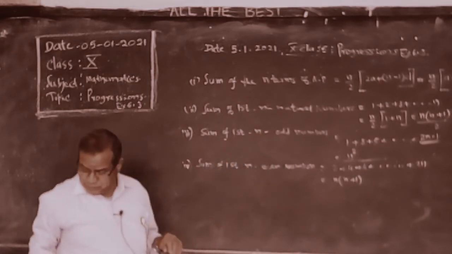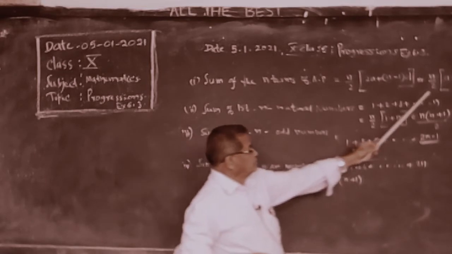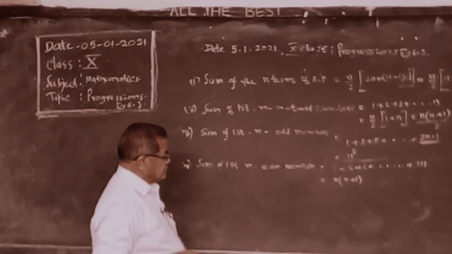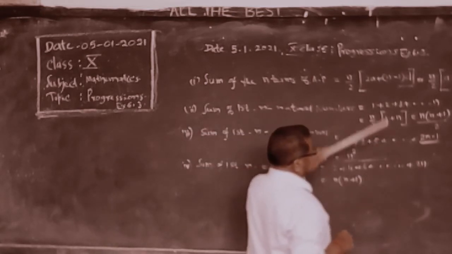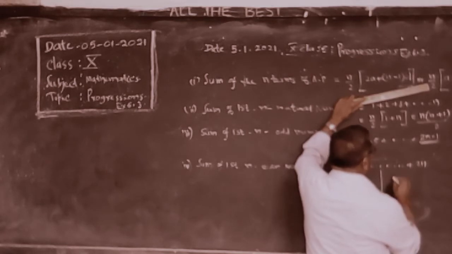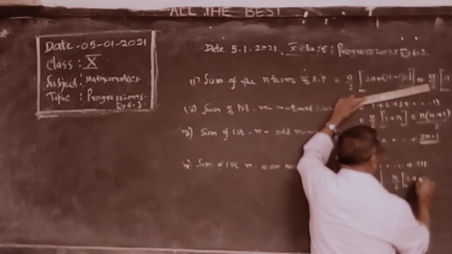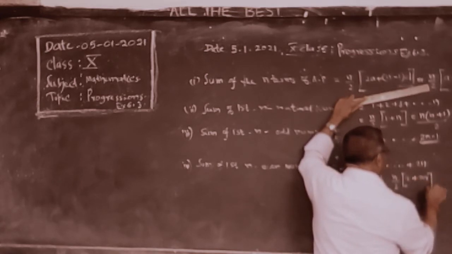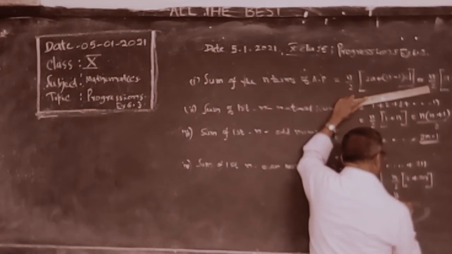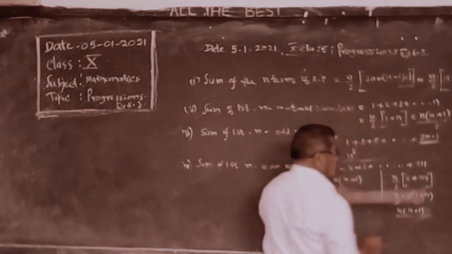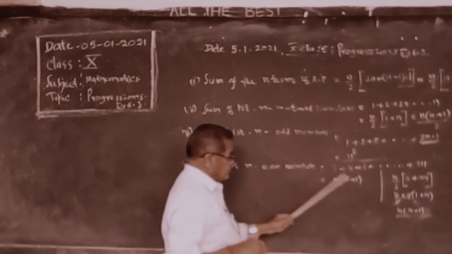Substitute in the formula: a is 2, l is 2n. Then this is n by 2 of 2 taking common, (1 plus n). So after cancelling, we get n of (n plus 1). This is the sum of the first n even numbers.